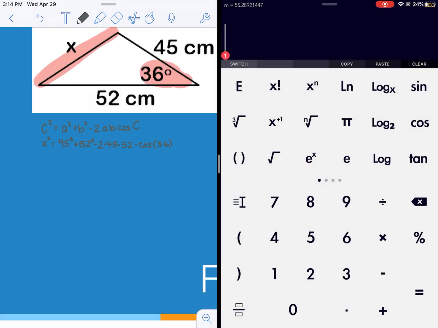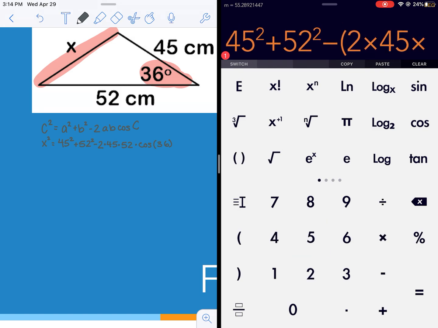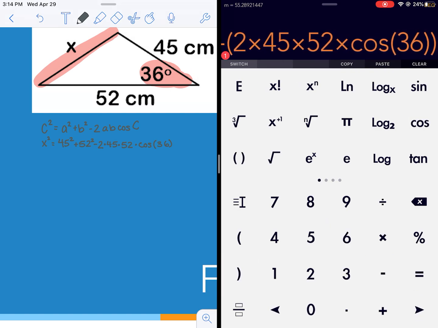And I'm going to plug all of that into my calculator. So I get 45 squared plus 52 squared minus 2 times 45 times 52 times the cosine of 36 degrees.